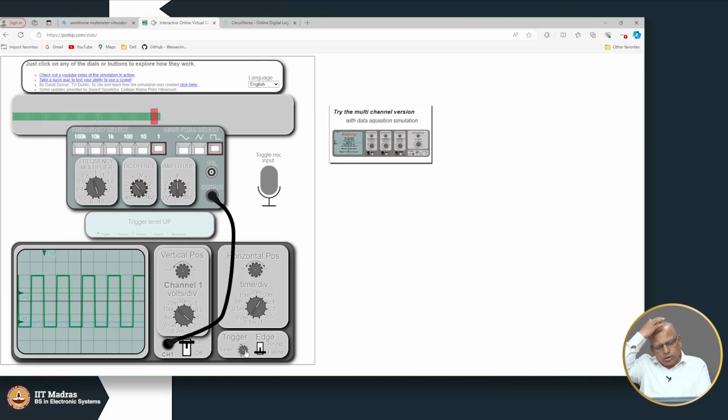Okay. So, you have to use this property to stabilize the 1 hertz waveform. Okay. So, higher frequencies are easy to stabilize, but if it is a very low frequency waveform, it may appear to be unstable. So, you have to adjust the trigger value, you can adjust the times per division.